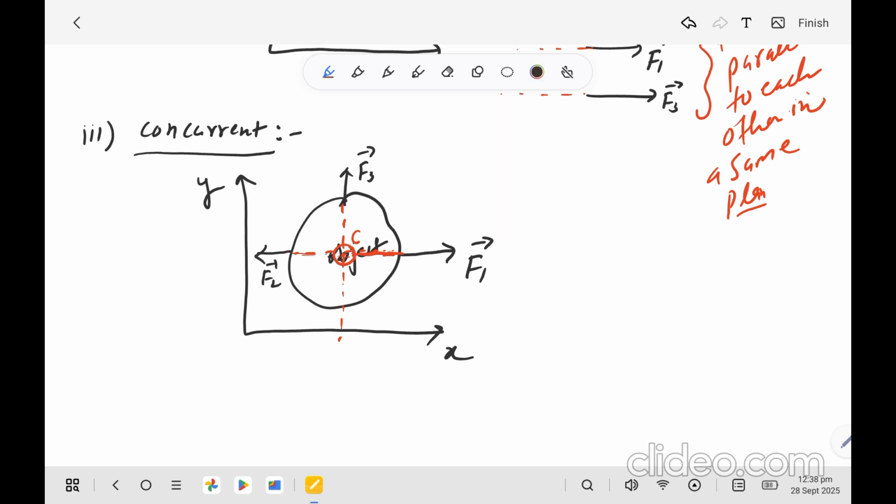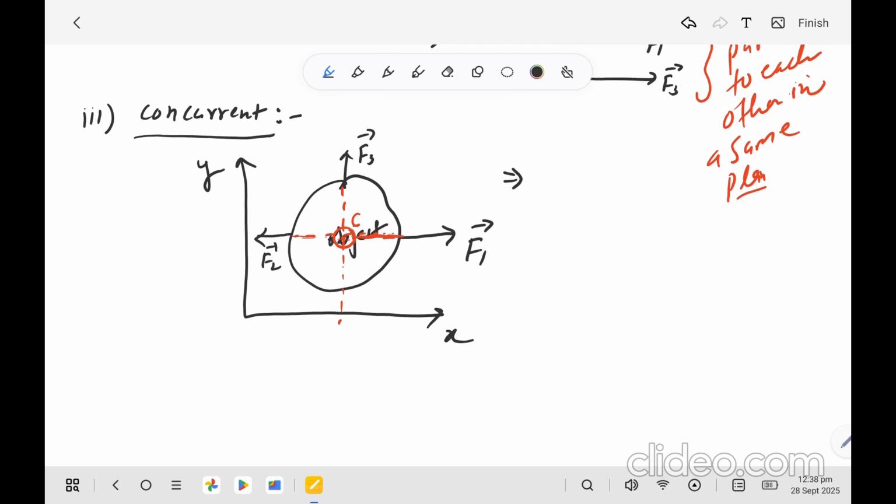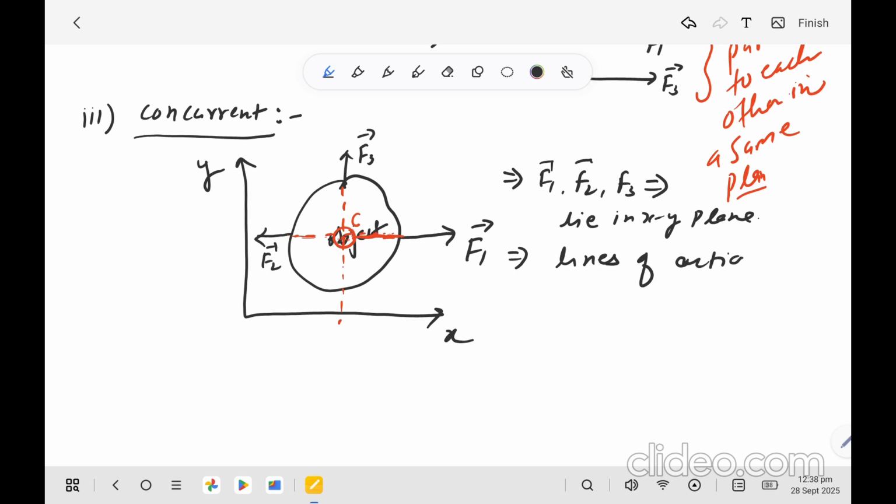So we can summarize here: F1, F2 and F3 all lie in the xy plane, which means all are coplanar forces, and the lines of action of these forces meet at a common point.